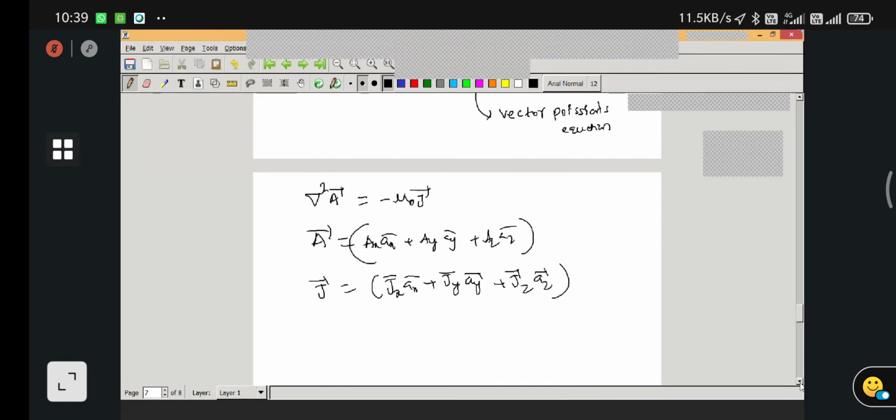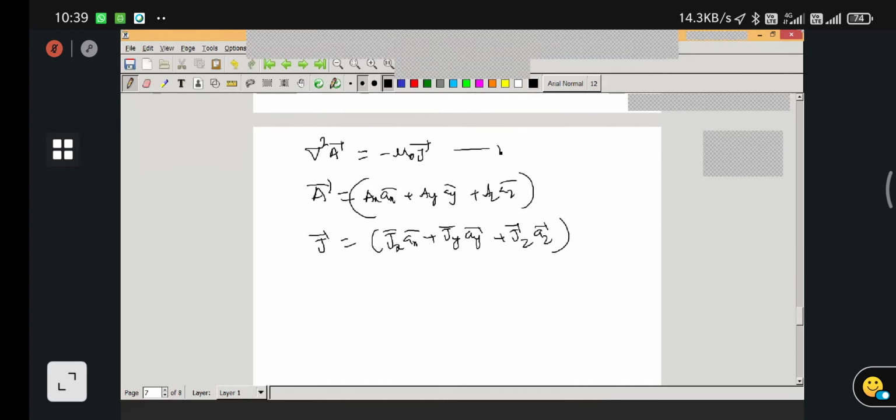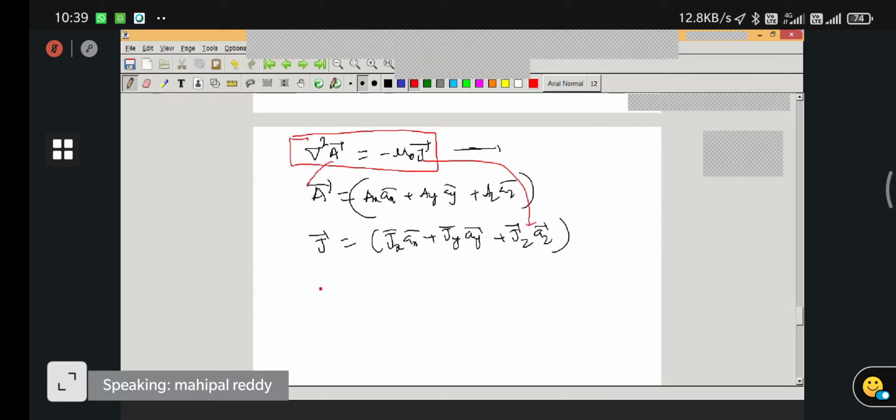Then substitute this equation, the A vector and J vector, in the box.